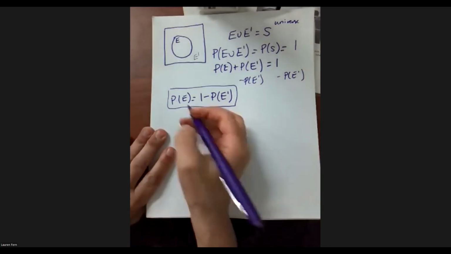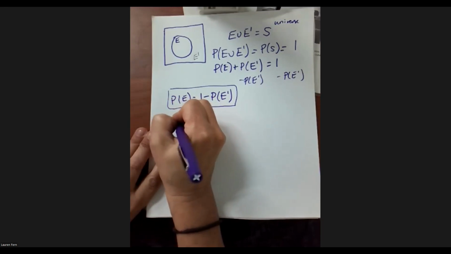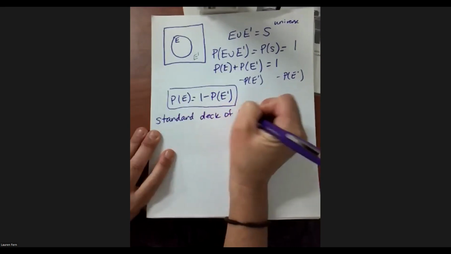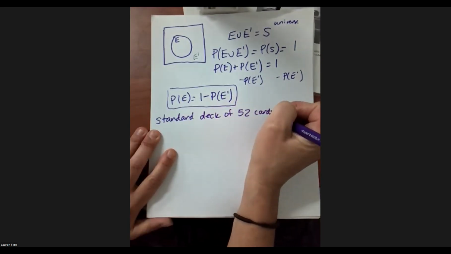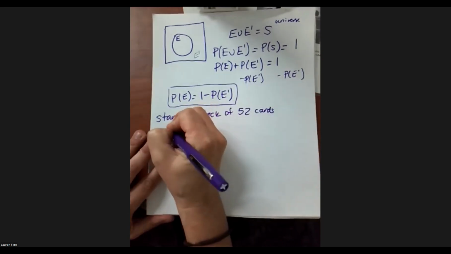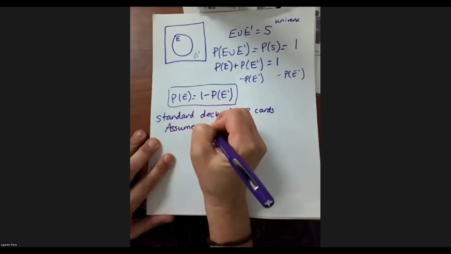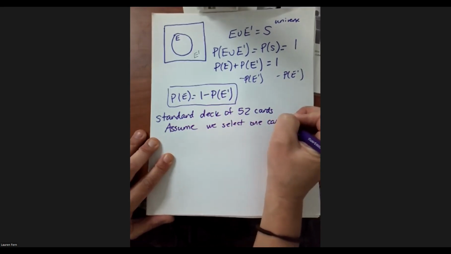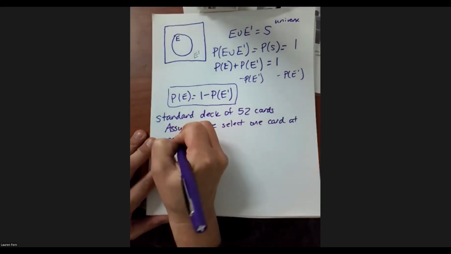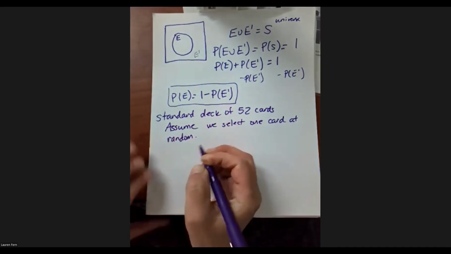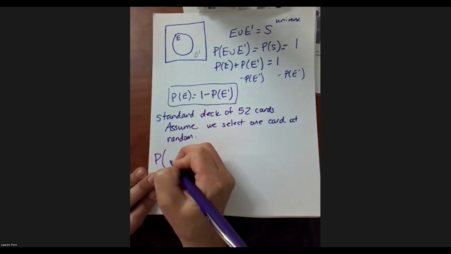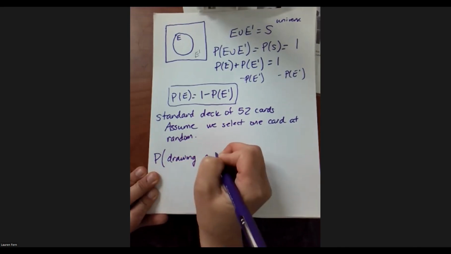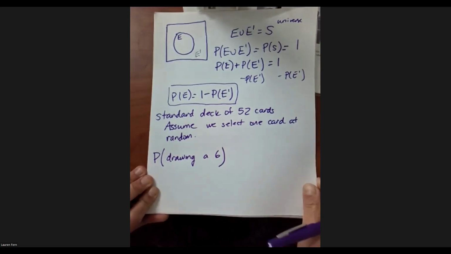Okay, so suppose I have a standard deck of 52 cards, and assume we select one card at random. What is the probability of drawing a 6?